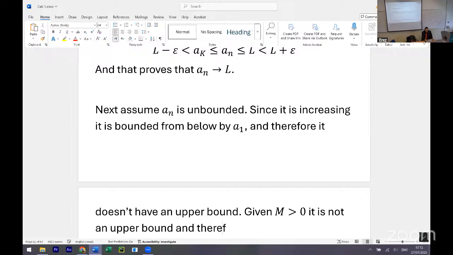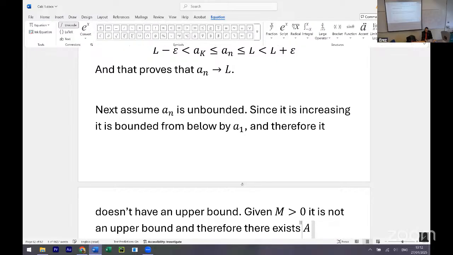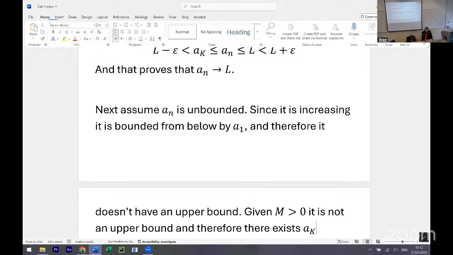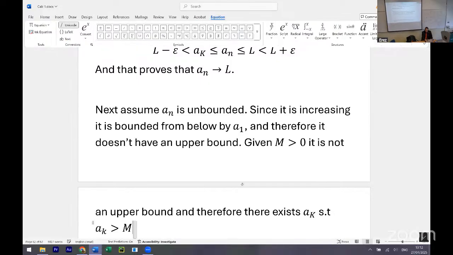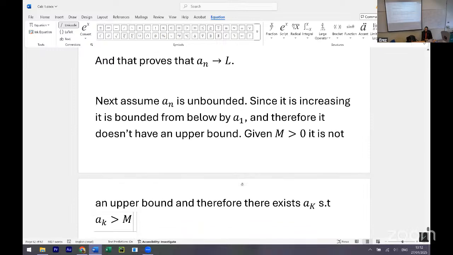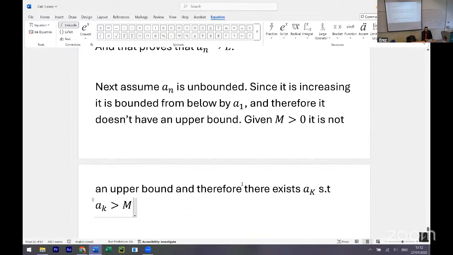And therefore, there exists a k such that a_k is larger than M. Agreed? If M is not an upper bound, some element of the sequence is larger than M, no matter how large M is.